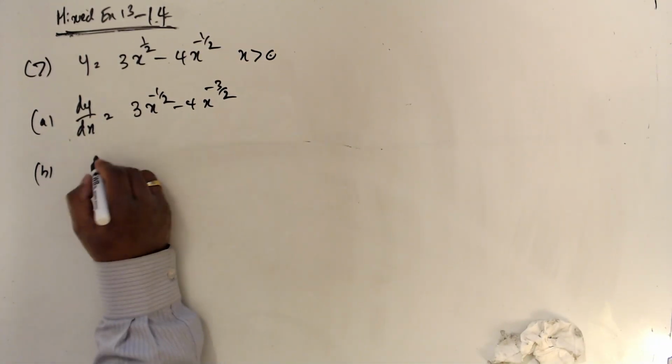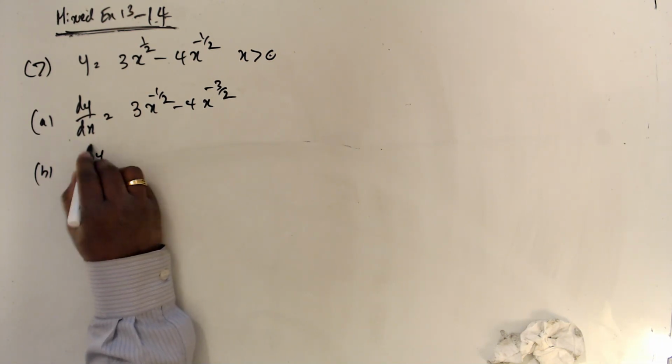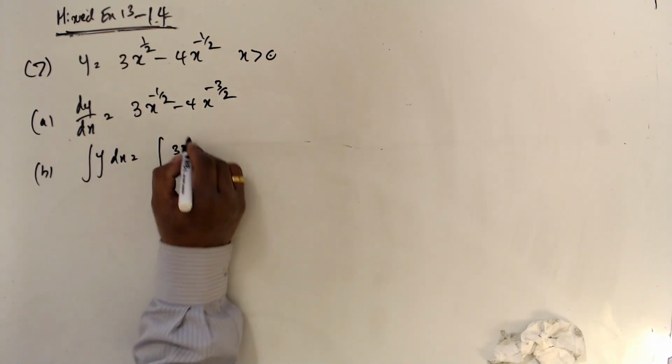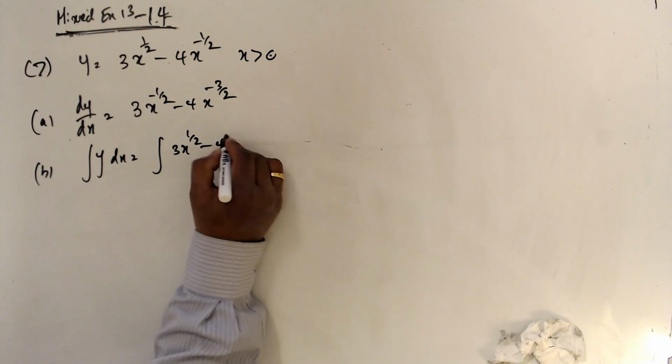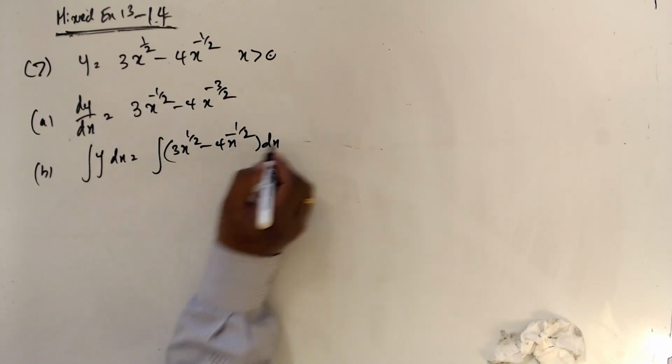Part B, now we have to integrate this one, y dx, 3x to the half minus 4x to the minus half dx.